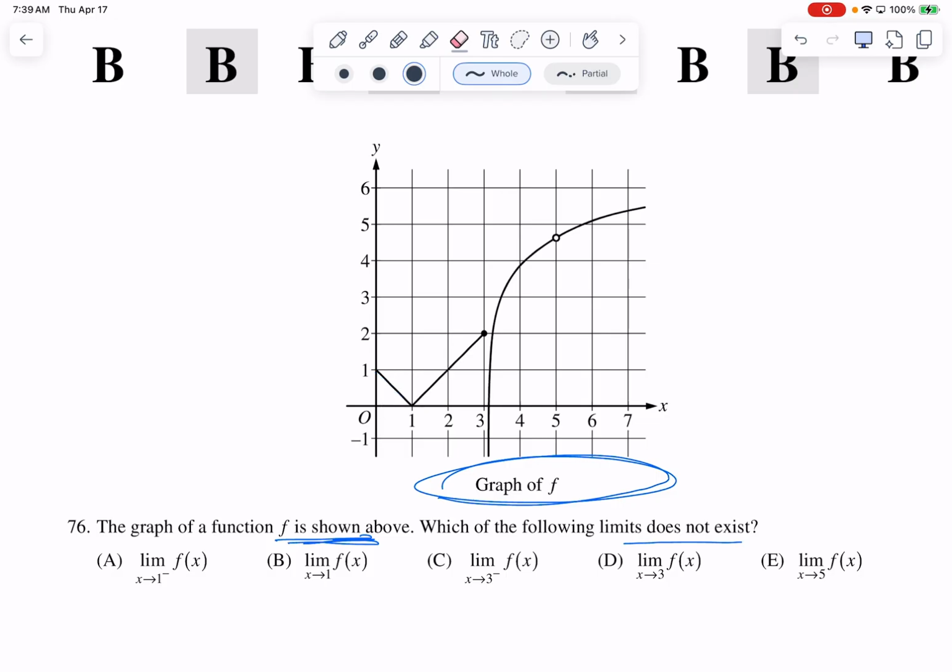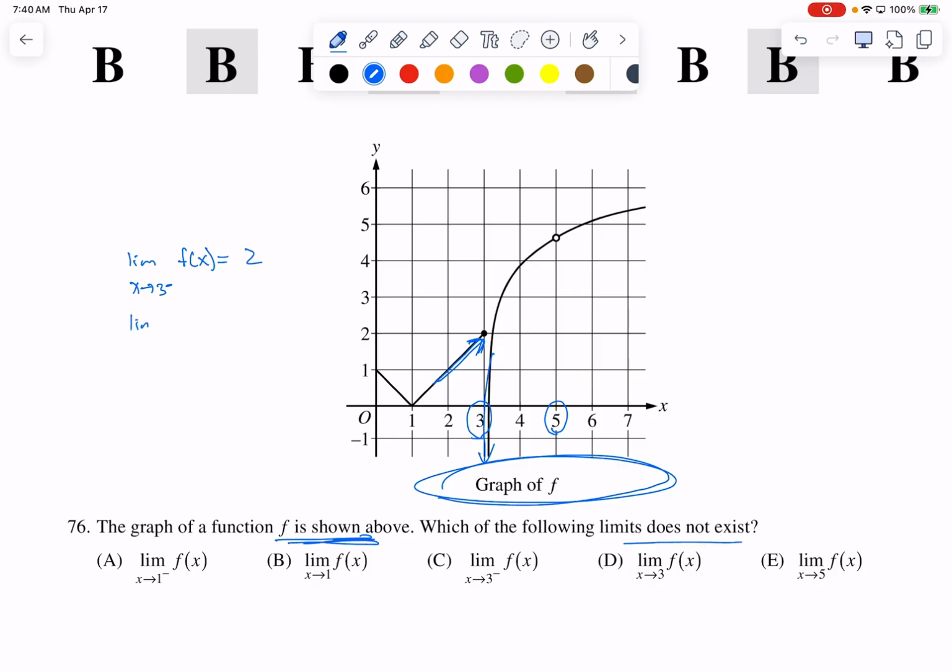The only place I'm worried about is where I have discontinuity. We have a discontinuity at 3 and we have a discontinuity at 5. Which one, though, is the left not going to equal the right? 3. The left equals 2 here and the right equals what? Negative infinity. I'm going to say it again. The limit as x approaches 3 from the left of f of x is equal to what?